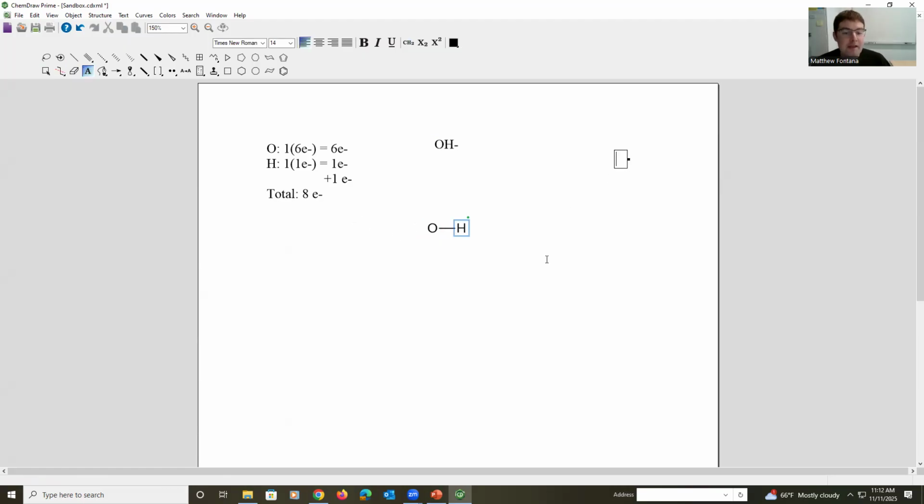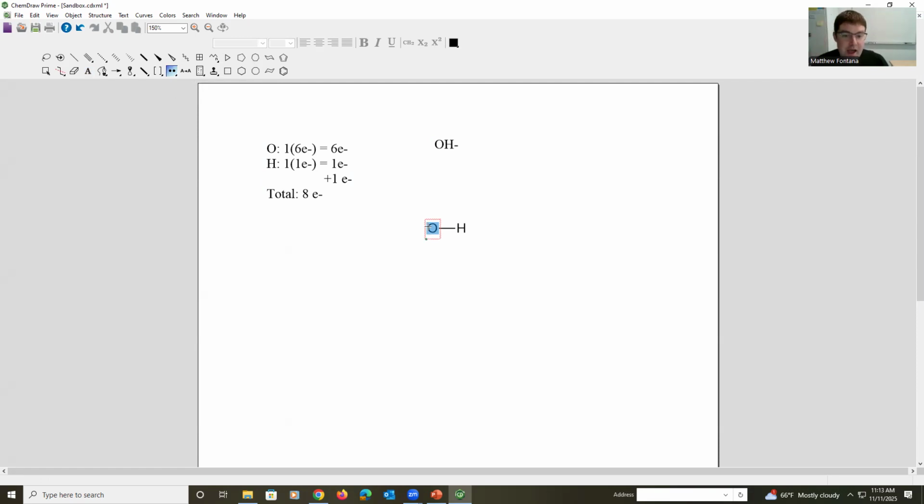Then you need to make sure that everything that needs a duet has a duet, and everything that needs an octet has an octet. You'll notice hydrogen here has 2 electrons being shared between it and oxygen, so hydrogen has the duet rule satisfied. Oxygen, as written, only has 2 electrons associated with it, from the bonding pair with hydrogen. So oxygen does not have an octet. It only has 2 electrons associated with it right now, so we need to get that number up to 8.